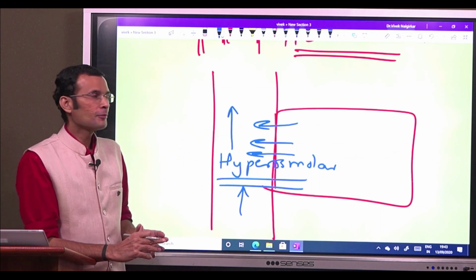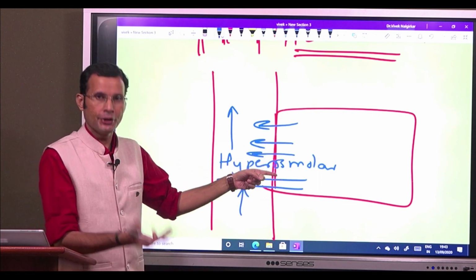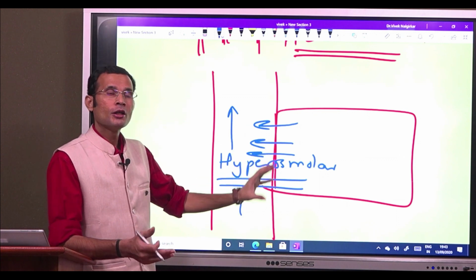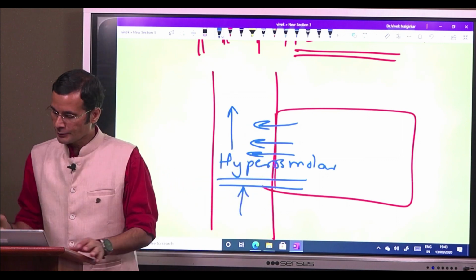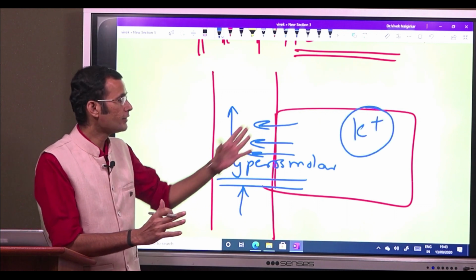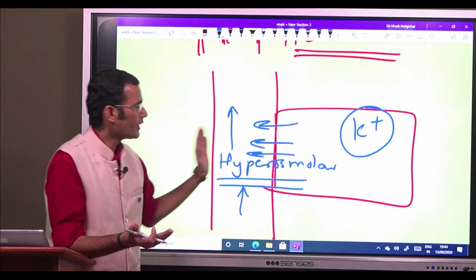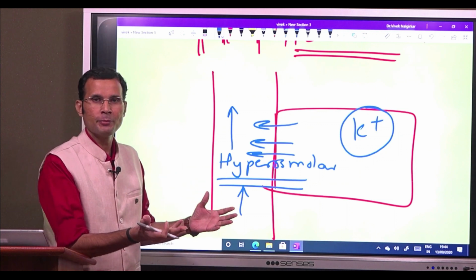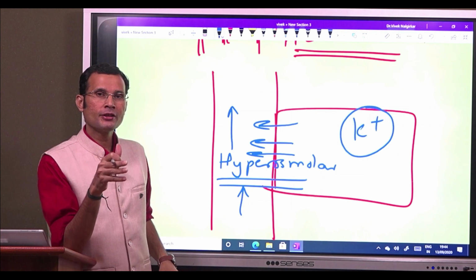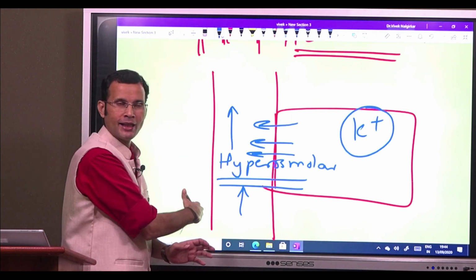What will be the result? Because water has come out, the water inside the cells has reduced. So since water has reduced inside the cells, the potassium concentration rises inside the cells. It's a relative concentration because the water has gone out, the cells have dried up a little bit, and therefore potassium concentration inside the cell increases. Potassium becomes more concentrated because water has left.